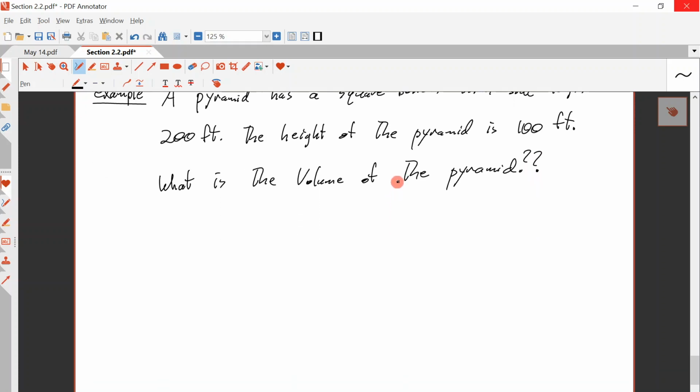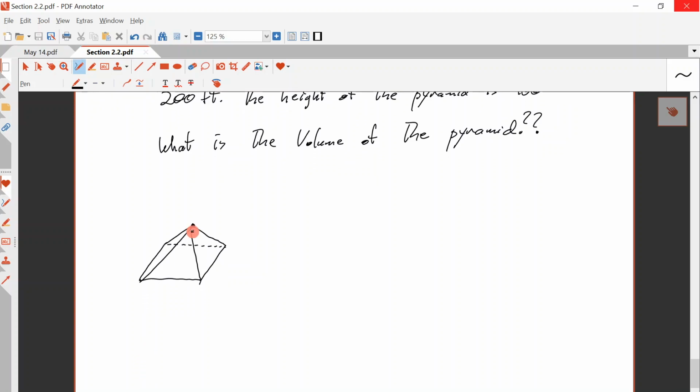All right, so let's draw a picture. So here's the base of this pyramid, and here's the top, and it's right over the center of the square bottom, like that.